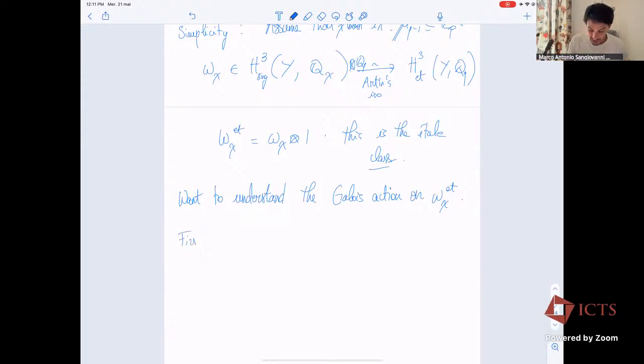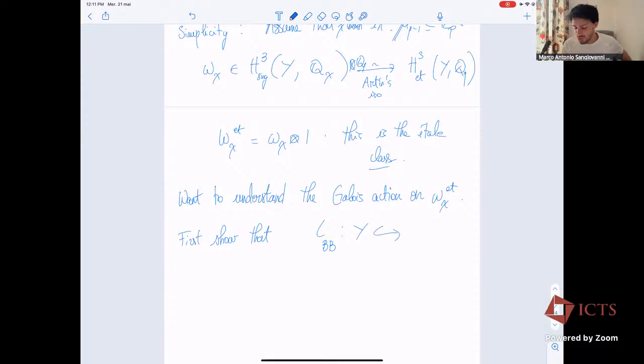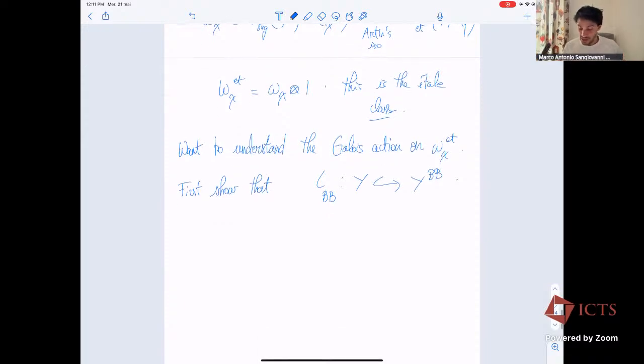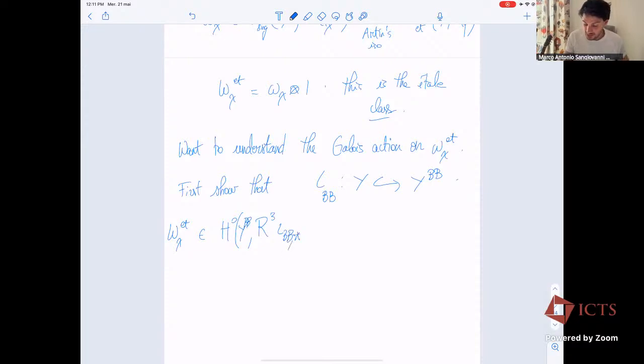First, if iota BB denotes the inclusion of Y inside its Baily-Borel compactification, then you want to show that omega chi étale actually defines a section on Y BB of R3 iota BB star of Q_p.